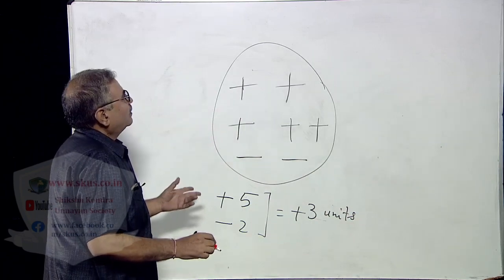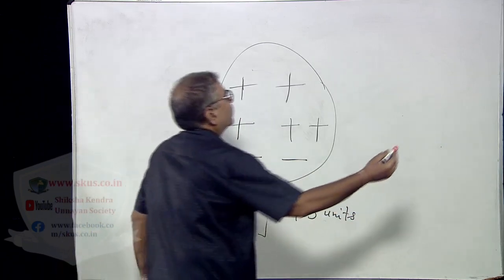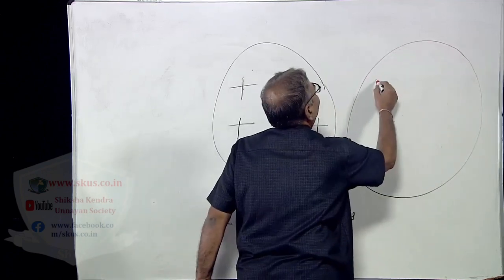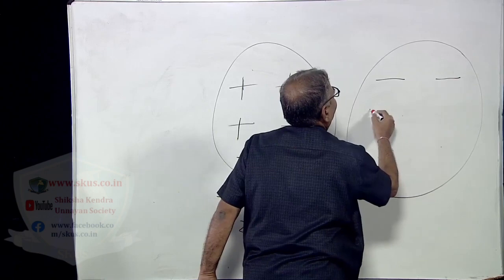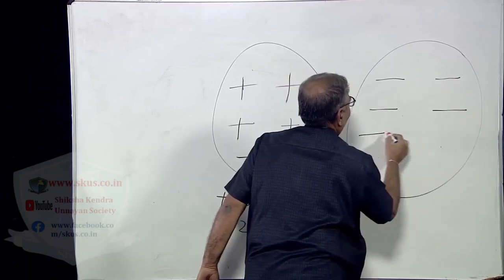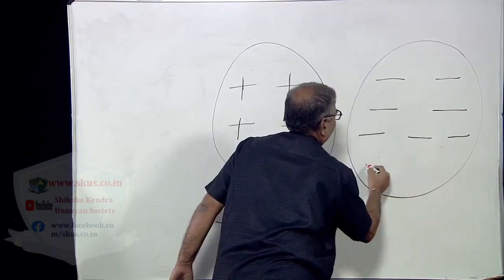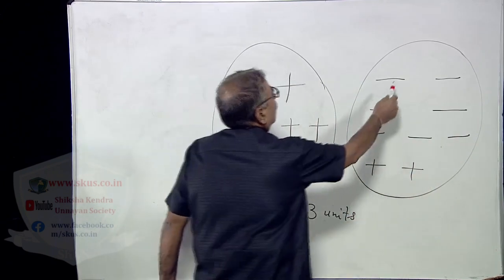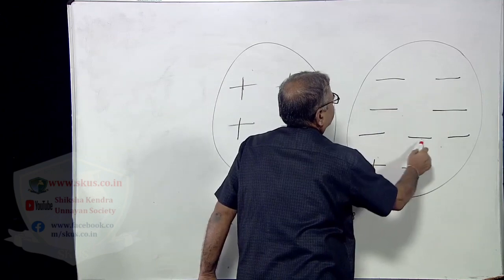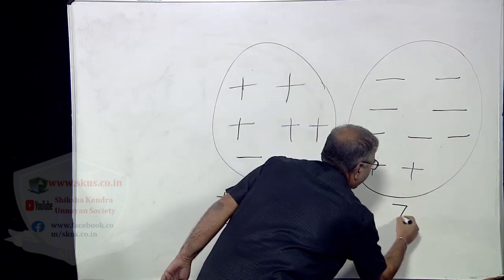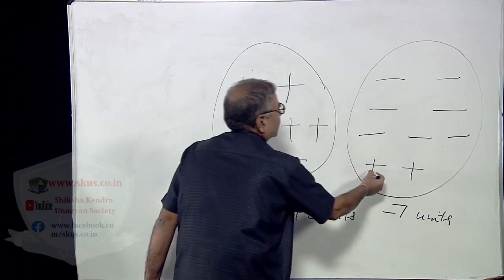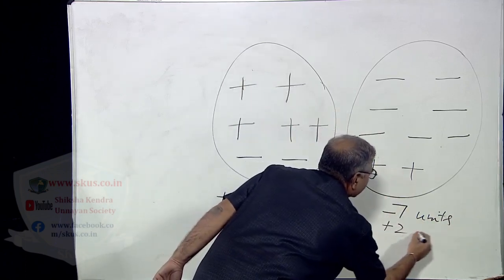Now we will draw the figure for a negatively charged body. Now this body has 1, 2, 3, 4, 5, 6, 7 units of negative charge, minus 7 units, and the positive charge is plus 2 units.